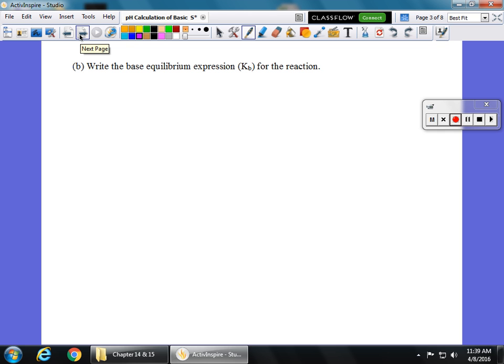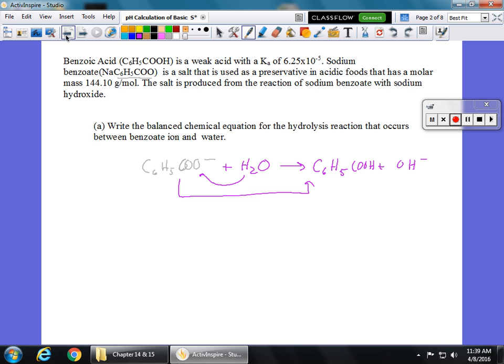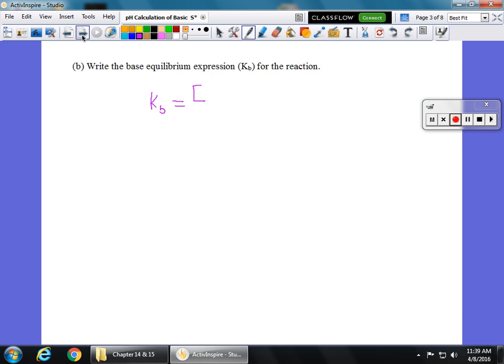Write the base equilibrium Kb. So you're taking the balanced chemical equation, and we're going to get a Kb expression for it. Well, remember, Kb is, if I go back to my equation, the acid times the hydroxide, right? It's our product over our base, rather our weak conjugate base.